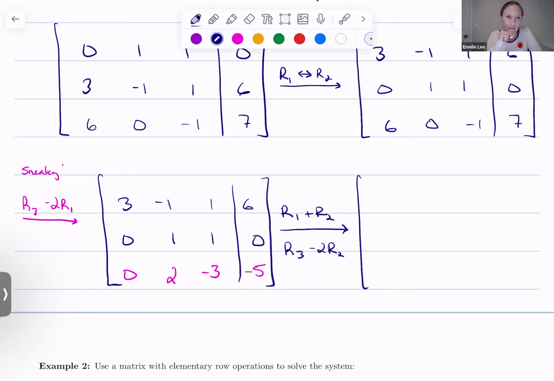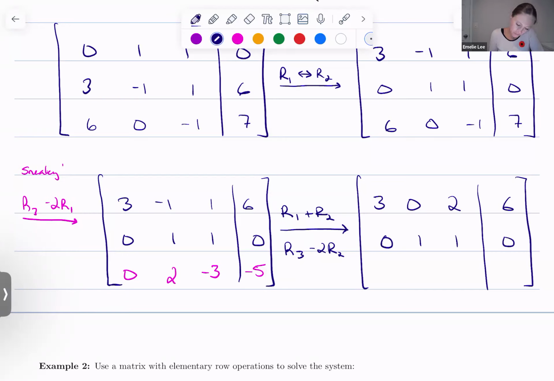Putting me at, I'll deal with row 1 first. 3 plus 0 makes 3. -1 plus 1 makes 0. That was the goal, so that's good. 1 plus 1 is 2. And 6 plus 0 is 6. Row 2 remains unchanged, so I'm just going to jot it down, 0, 1, 1, 0.